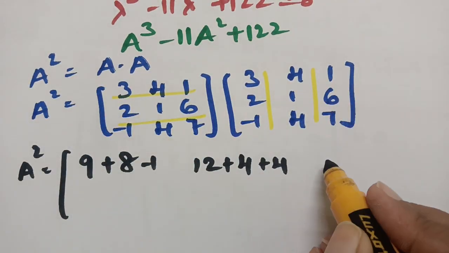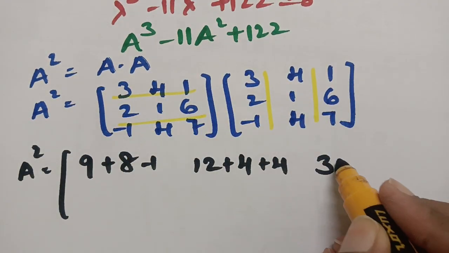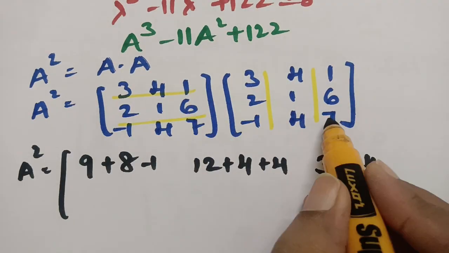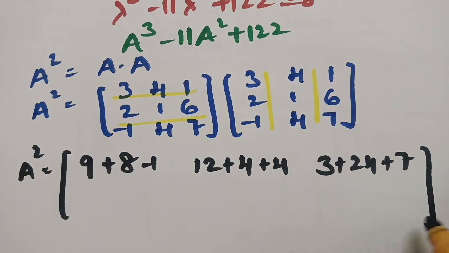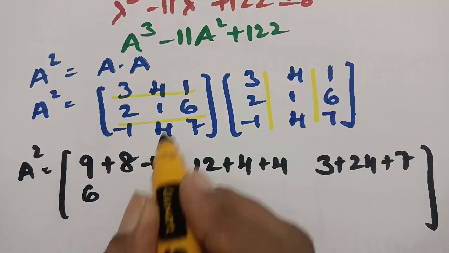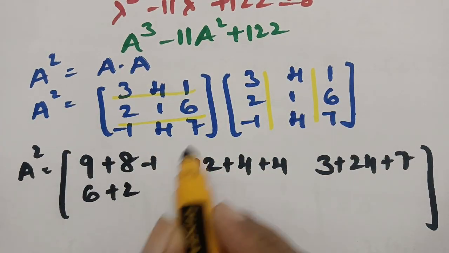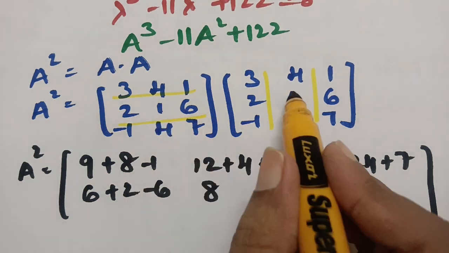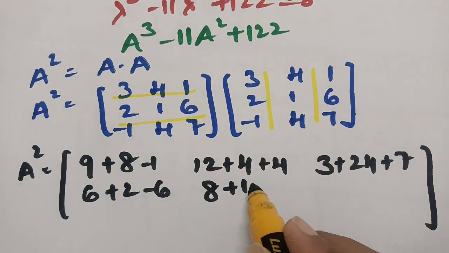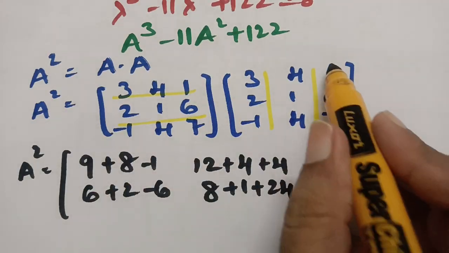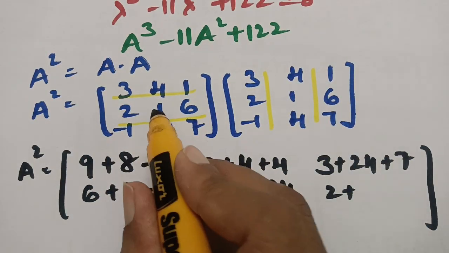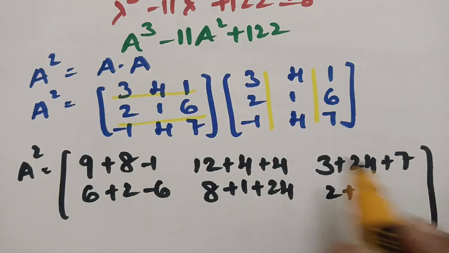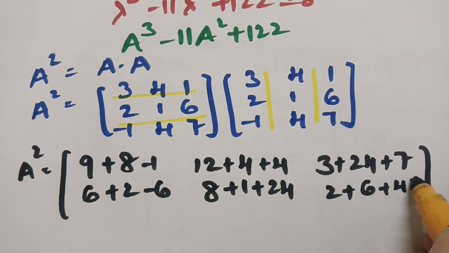And see, this is 3 1s are 3, and 4 6s are 24, and the value here is plus 7. Clear? And the next one, 3 2s are 6, and this is plus 1 into 2 is 2, and this is minus 6, and this value is 8, and this value is plus 1, plus this value is 24, and this value is 2, plus this is 1 into 6, the value here is 6, plus this value is 42.